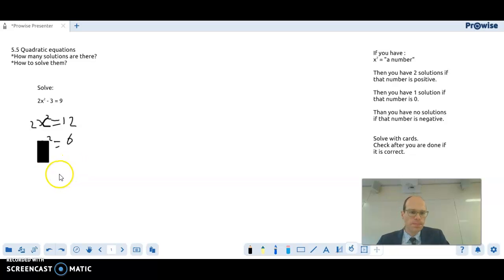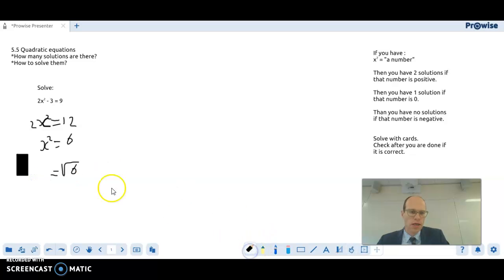So, x is the square root of 6. Removing the card, what is under the card is x.